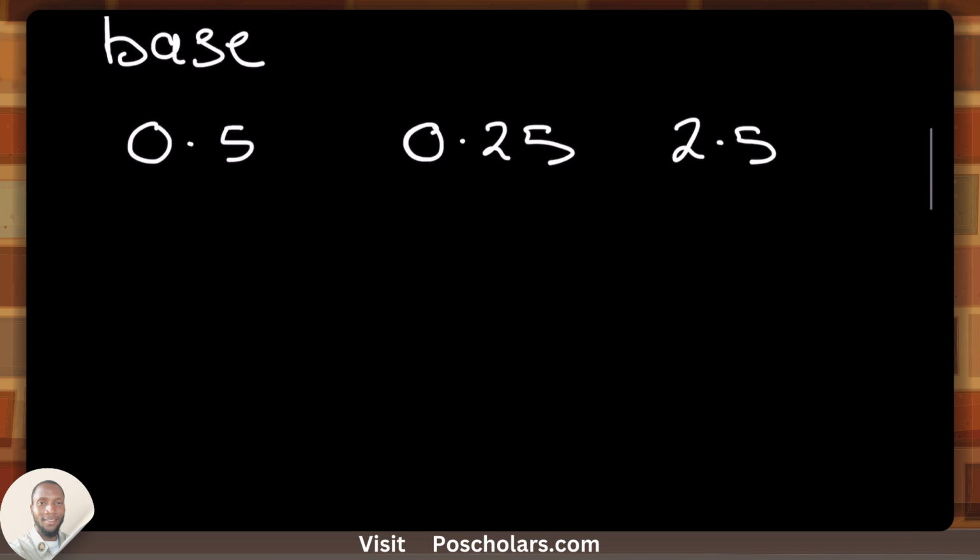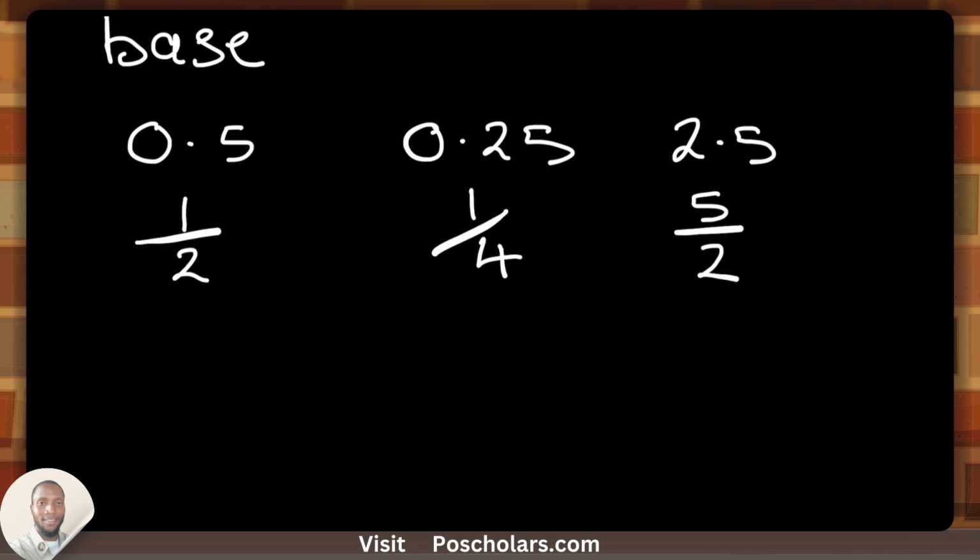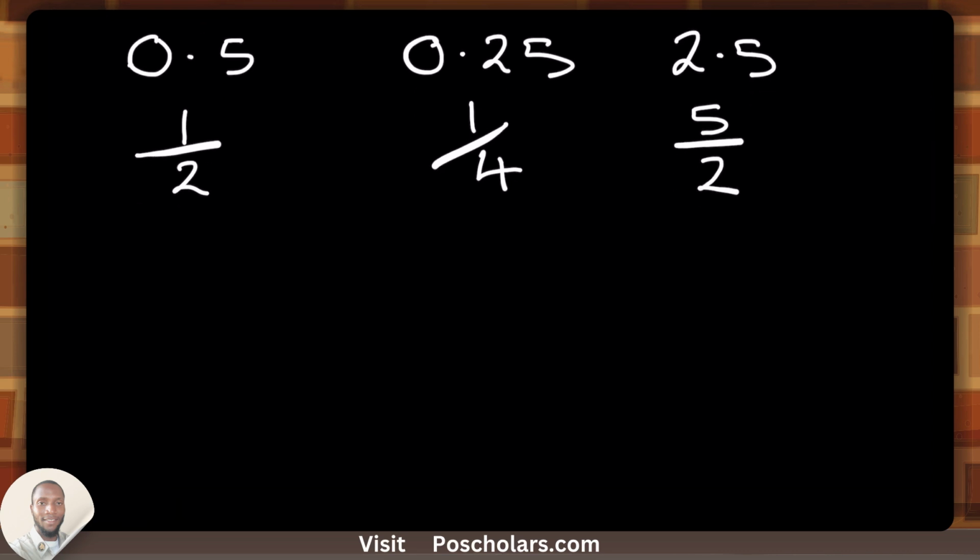Now 0.5 is a decimal fraction because it's still the same thing as 1 over 2. 0.25 is a decimal fraction because it's still the same thing as what? 1 over 4. And 2.5 is a decimal fraction which is still the same thing as what? 5 over 2.